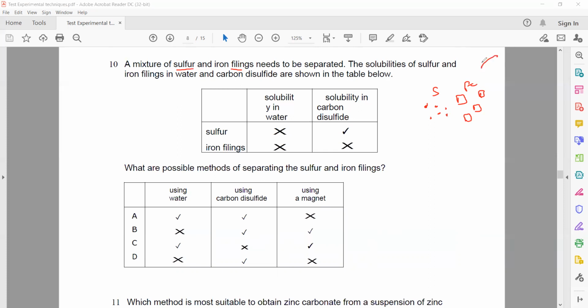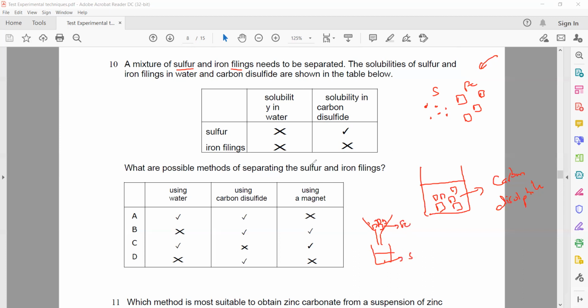So if we add carbon disulfide, sulfur will dissolve, we will not see sulfur, but the iron filings will not dissolve. Then we can use filtration. So when you use filtration, iron filings will be left on the filter paper and the sulfur solution will pass through.